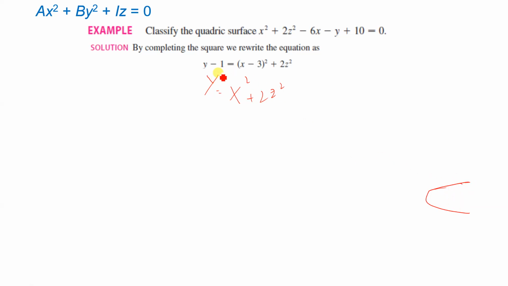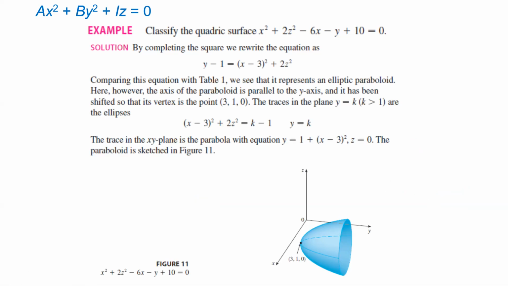But its turning point would be where x minus 3 is equal to 0, which gives us x is 3, y is equal to 1, and z is equal to 0. So the turning point would be 3, 1, 0. That is in the xy plane, where x is 3 and y is 1. So this is how the paraboloid will look.